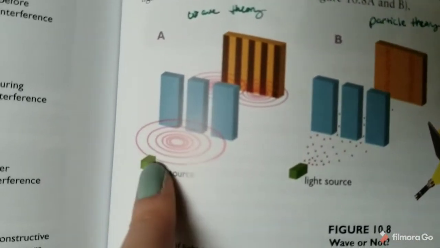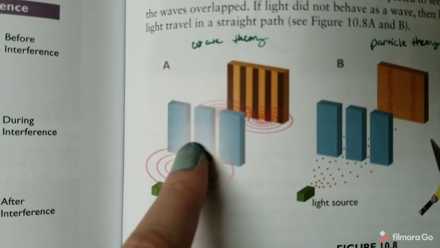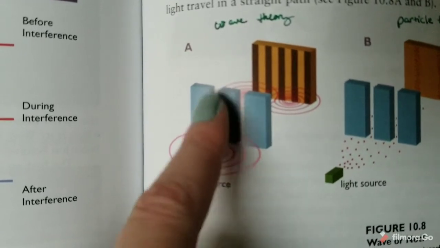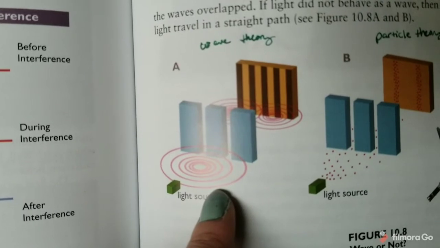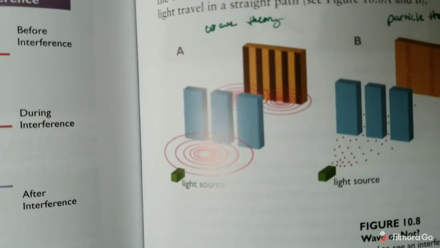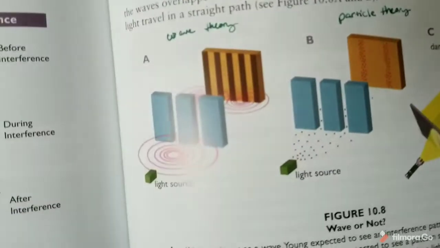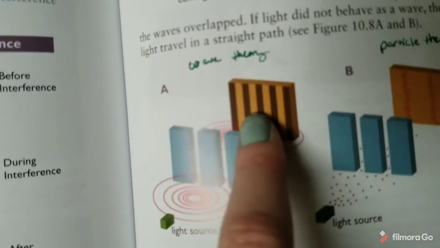All right, so we've got, come on, focus. Wave theory. This is the idea that if this is the light source, it goes through here. The light is shone through these bars that are set like this. The wave theory says I should see, is this the one? Yes, the wave theory should show this pattern right here.